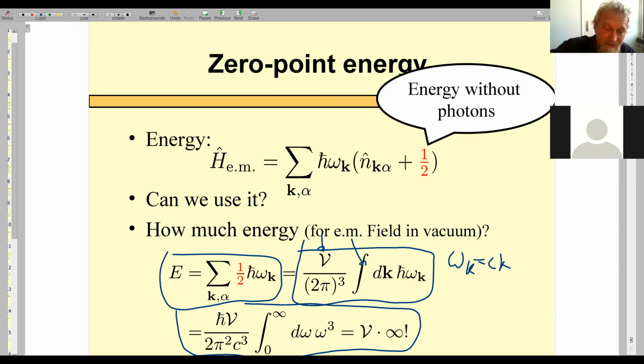Here I just write it in terms of frequencies, because I will do integration in terms of frequencies instead of integration over k, because I will need it in the near future. But what we obtain is volume times infinity, so even the energy density corresponding to this contribution is supposed to be infinite.